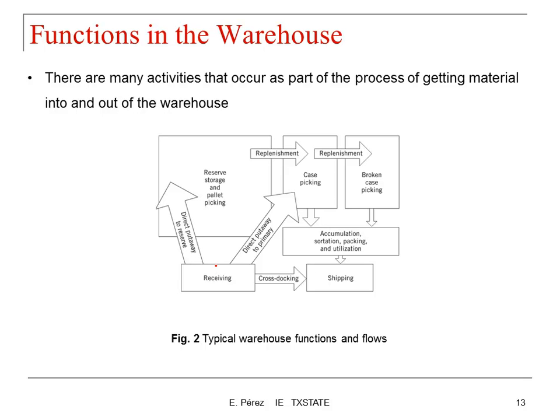You can also send some of those items to cross-docking, so you can put them together in terms of orders for the customer, and so on. So there are some loops happening in this operation, but there's also some direct interaction between the receiving and the shipping to your customers.